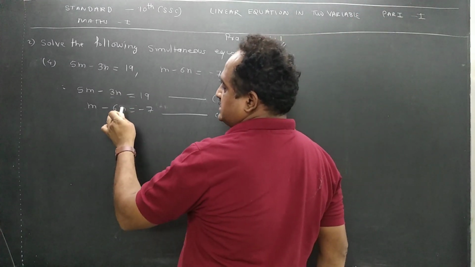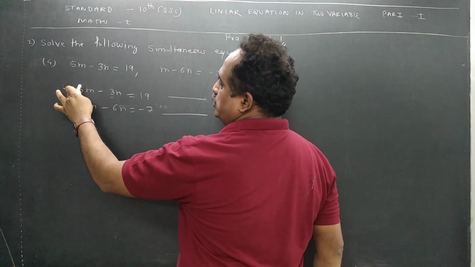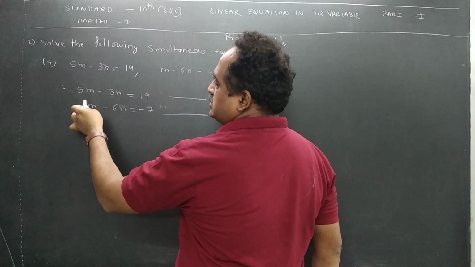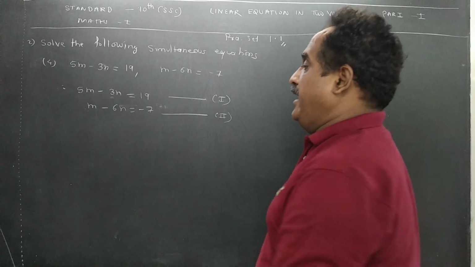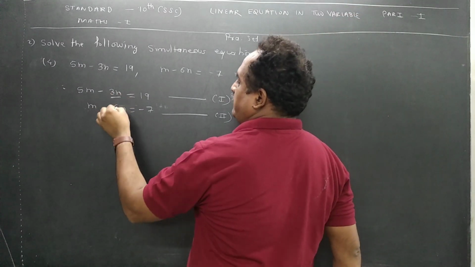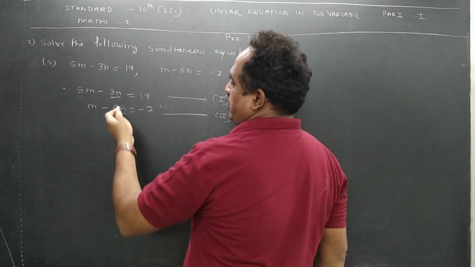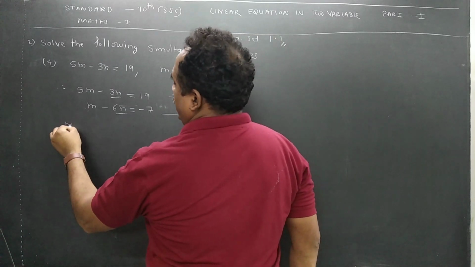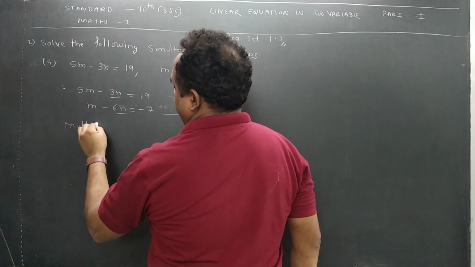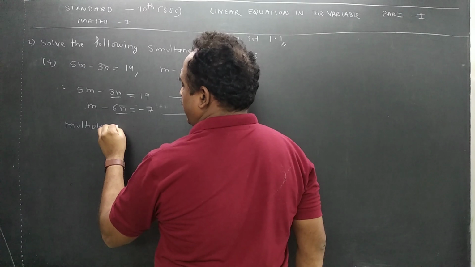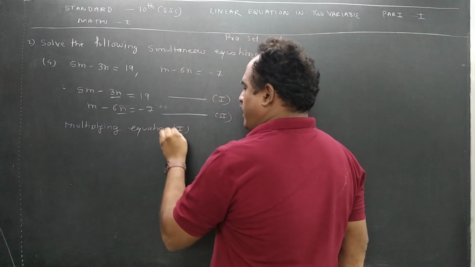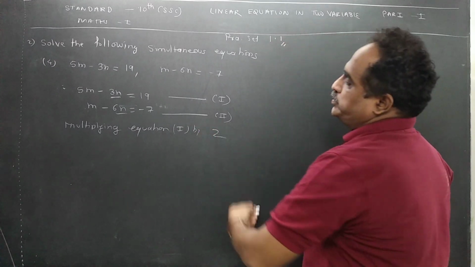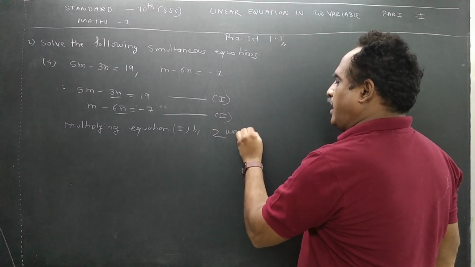If I want to make it the same, I'll multiply this equation by 2. And to make the other the same, I would have to multiply equation 2 by 5. So in this case, I am trying to make the coefficient the same for n. So what I'll do? Multiplying equation 1 by 2, we get.